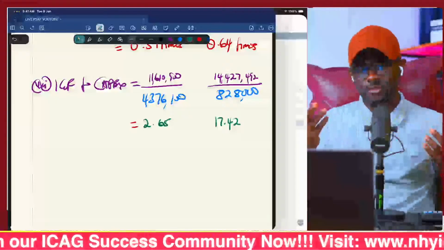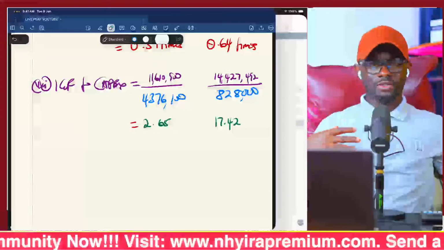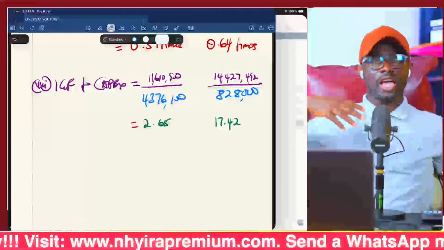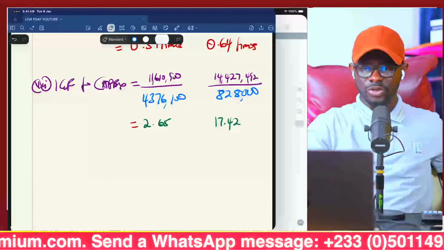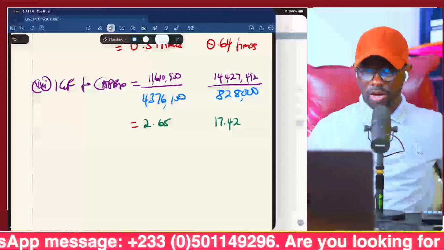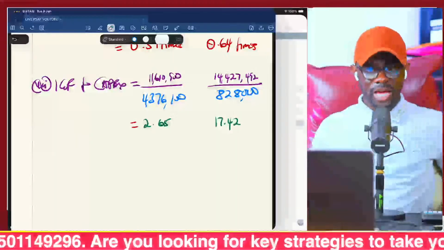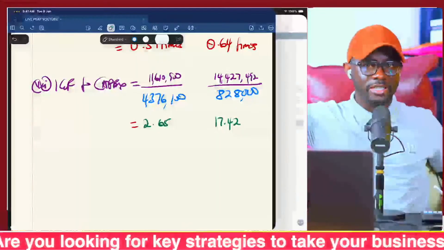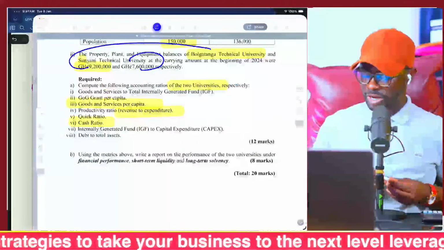And some reasons could be attributed to that. It means that they may be investing into infrastructure, right? Equipment that students need in order to ease or aid them in their tuition, in their work. But then Bolgatanga may not be doing much of that. So that's why they have a huge IGF, but just less capital expenditure for the period under review.